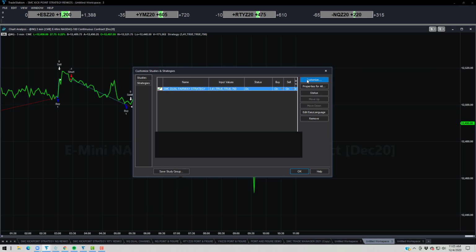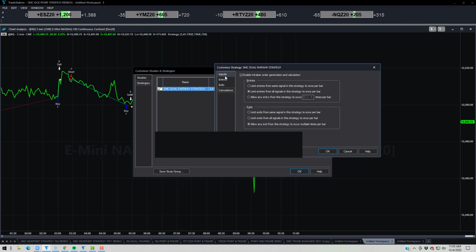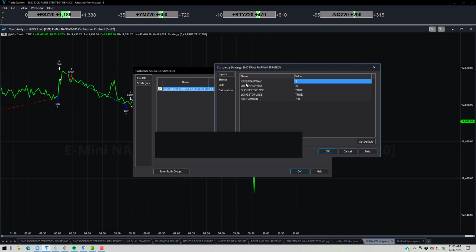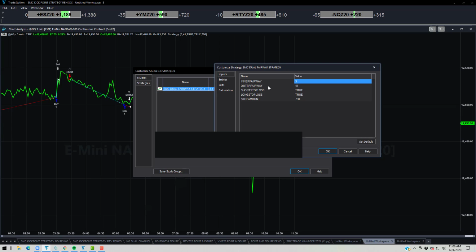So let's come here to Customize, and we come here to the inner fairway and the outer fairway. This is a dual fairway. Have you ever played golf where they have a split fairway? You can go left or you can go right. Which way do you want to go? And then you take into account where the green is, where the pin is, where the hazards are, and you make a decision on which way you want to play.